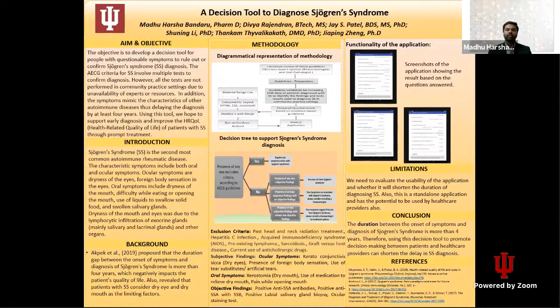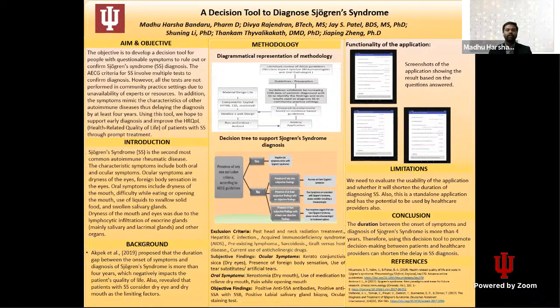Coming to the decision tree to support the Sjogren's syndrome diagnosis, the questionnaire consists of exclusion criteria and subjective and objective findings. Exclusion criteria include the syndromes which have symptoms and signs that mimic Sjogren's syndrome. The subjective findings include the ocular signs, the oral signs, and also the medications used to relieve the symptoms of both ocular and oral signs.